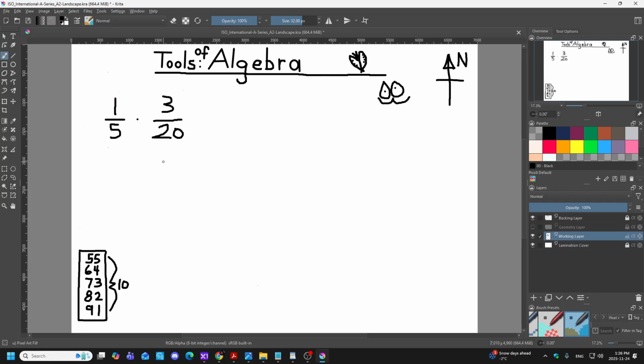It's just going to save you that extra work at the end. You're going to have to do it anyways. It's best to do it ahead of time. That's what I recommend. Again, 20 is not the numerator, so we could factor, but there's nothing to factor. And we are multiplying. 1 times 3 is 3.